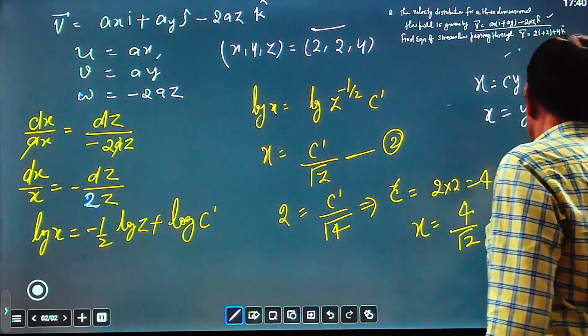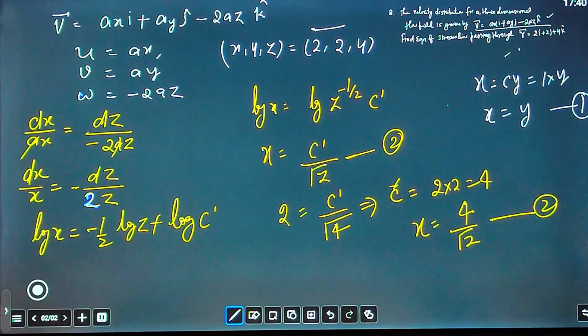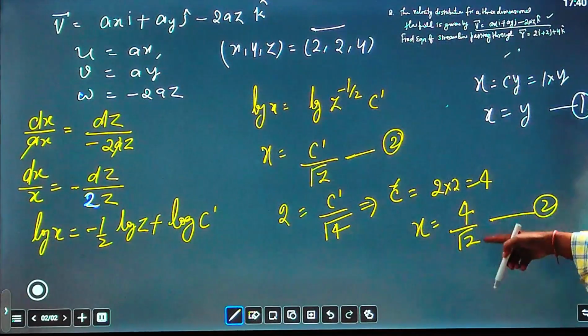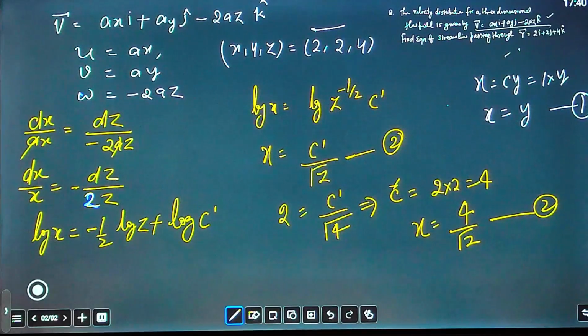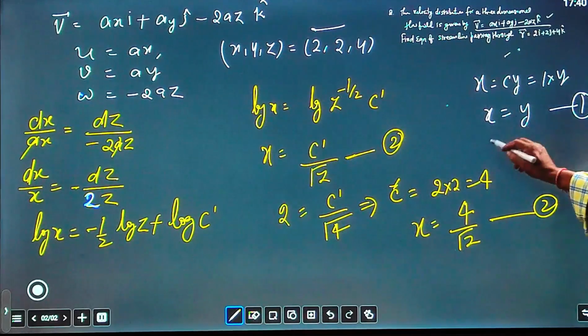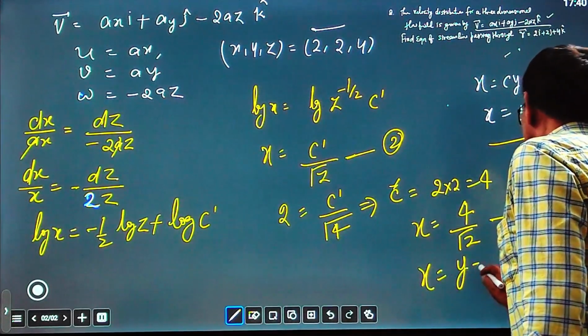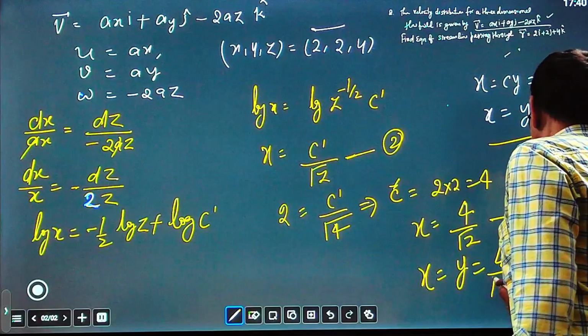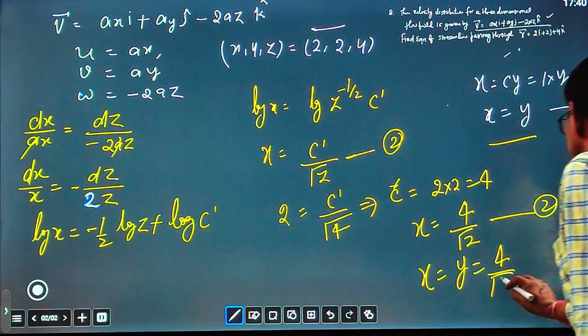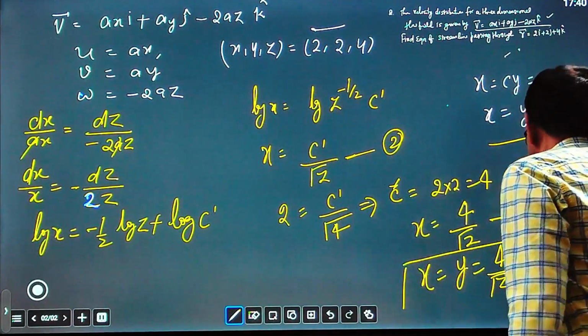This is equation number 2, because in the first equation x equal to y, and in the second equation x equal to 4 upon under root z. So combining equations 1 and 2, x equal to y equal to 4 upon under root z. So this is the equation of the streamline.